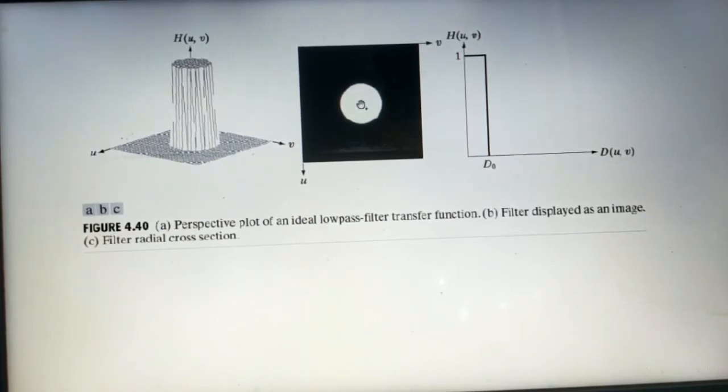At the very mid of it, that is at p by 2, q by 2, is capital H of p by 2 comma q by 2, somewhere here. This point represents the zero frequency.